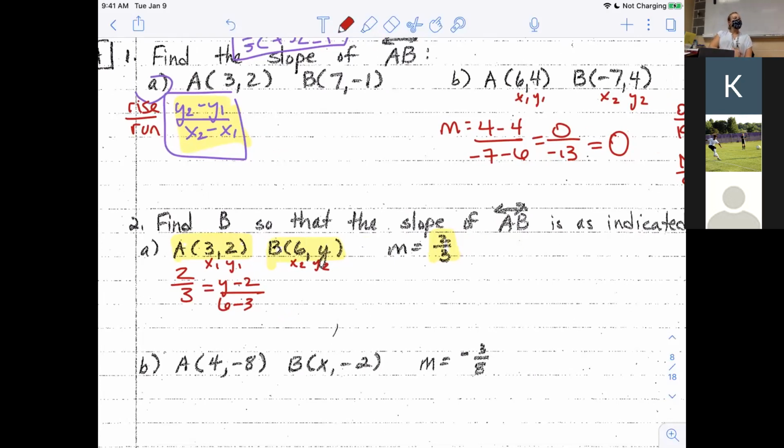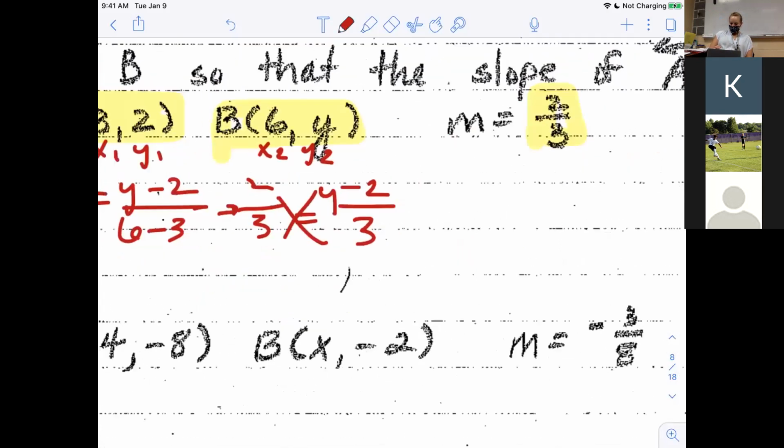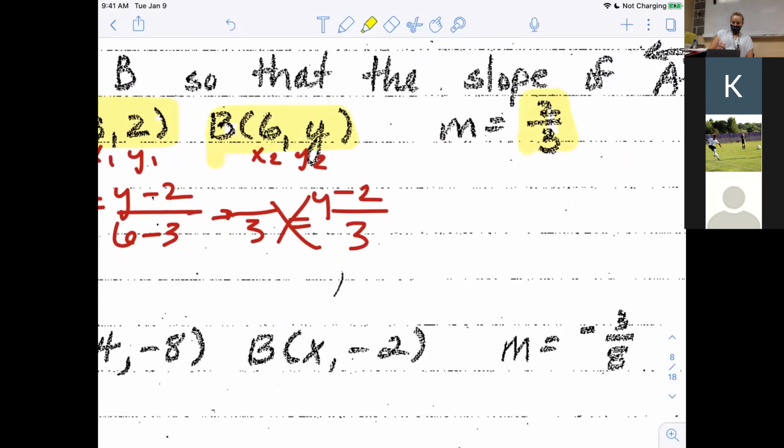When we can't simplify anymore, we're going to cross multiply. So the denominator can become 3. 2 over 3 equals Y minus 2 over 3. Cross multiply. I want you to hold that thought because I think that's a point I want to make in 1 second, Laura.